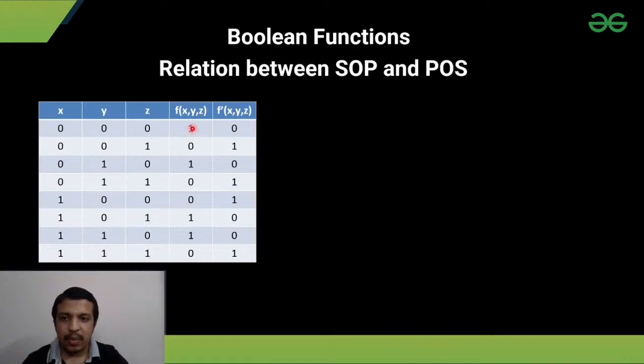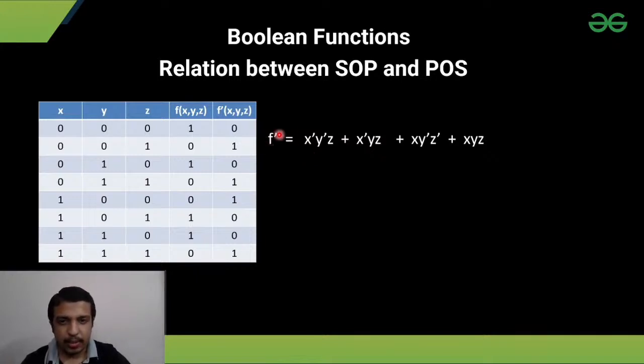Wherever there were ones in this function, I have written a 0, and wherever there was a 0, I have written a 1. So this is f complement, and I have written f complement in the sum of product form. Now if I take the complement of this again, I'll get the original f function, right?